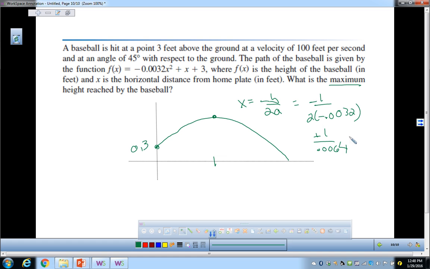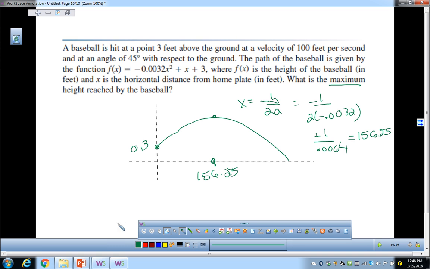Can someone do that on their calculator? 1 divided by 0.0064 equals 156.25. So this x value is 156.25.